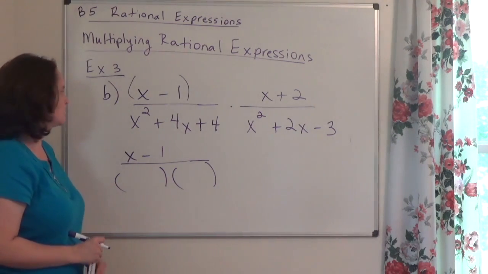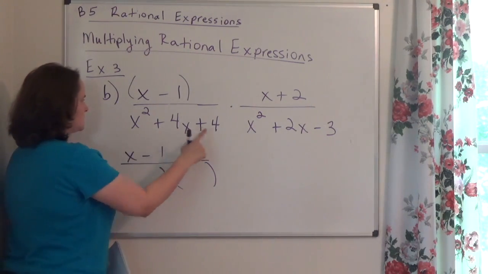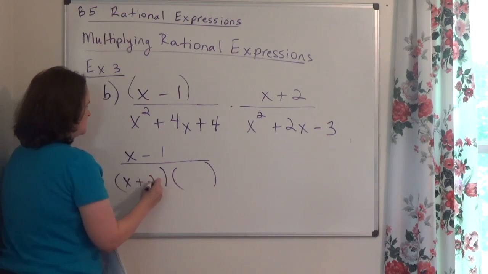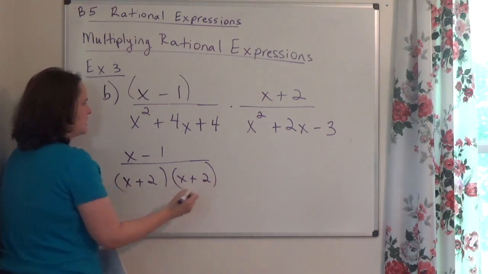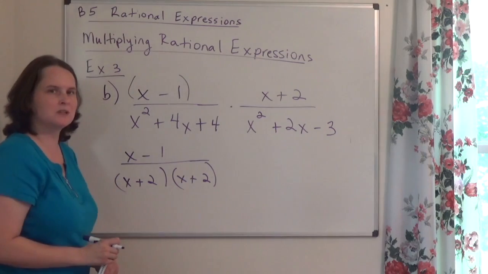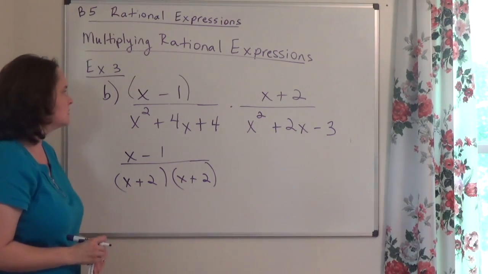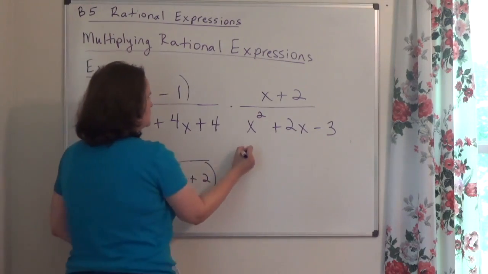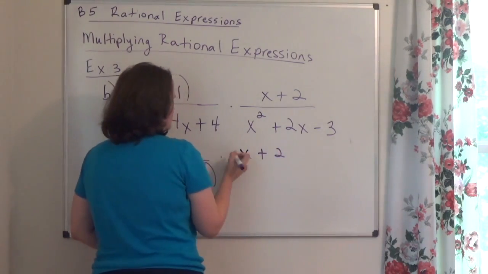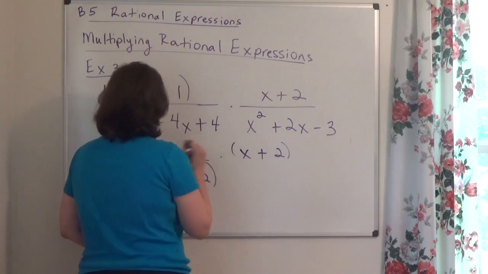Okay, so let's see how you did. x squared plus 4x plus 4 factors as (x plus 2) times (x plus 2). Or you could say (x plus 2) quantity squared, but there's really no reason to write it as a square at this point. Over here we've got x plus 2 in the top. That does not factor, so you can think of this as a factor itself.